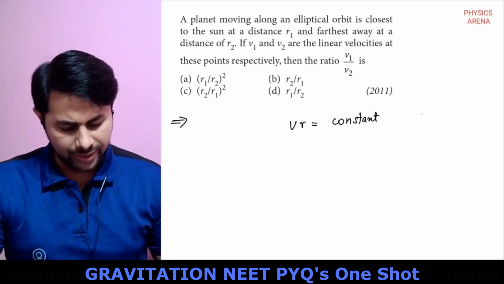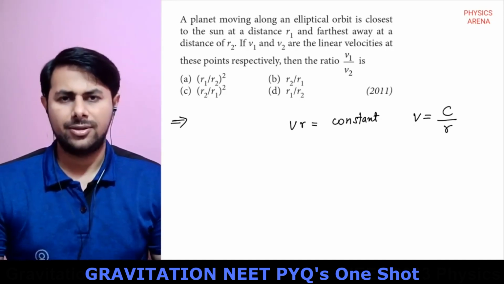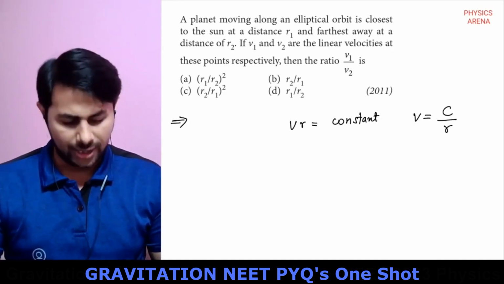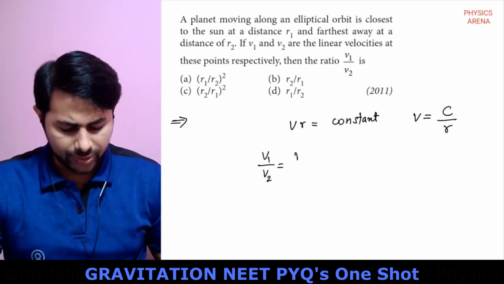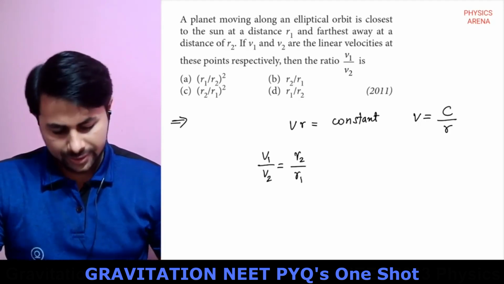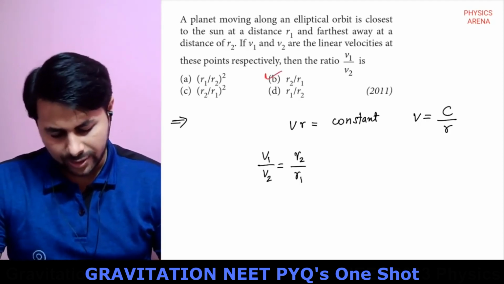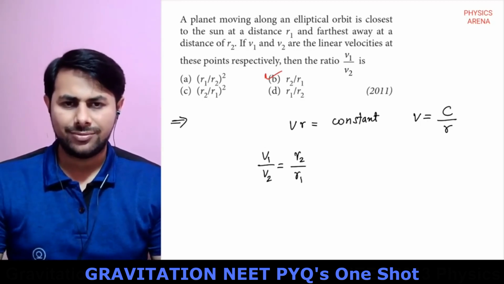So v is equal to some constant divided by r. So v is inversely proportional to r, and therefore v1 by v2 will be equal to r2 by r1. Since it is inverse proportion, v1 by v2 is r2 divided by r1.